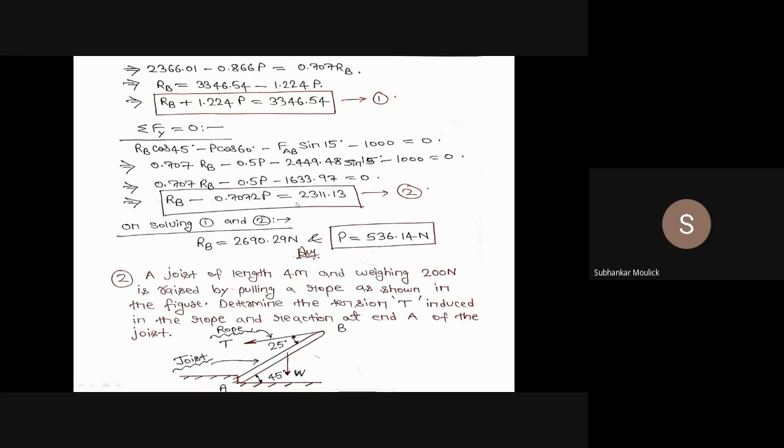If you solve these two equations, you will get the value of RB, which is 2690.29 Newton, and the value of force P, which has been asked in the problem, that is 536.14 Newton. Is it clear? Any doubt? No, sir. Fine. Okay.